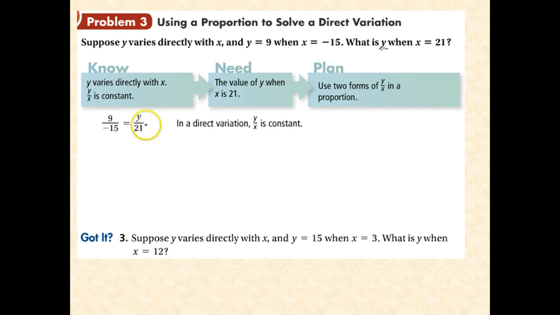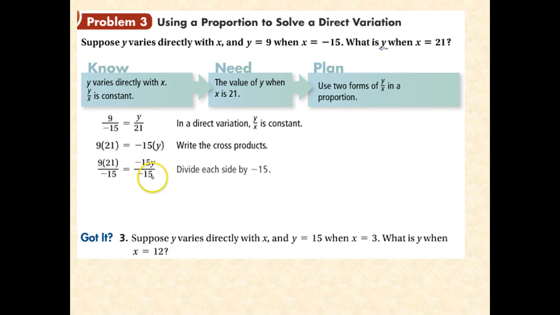Now we can use cross multiplication to do the cross product. 9 times 21 equals negative 15 times y. And then we can divide both sides by negative 15. And we get negative 12.6 equals y. So when x is 21, y is negative 12.6.